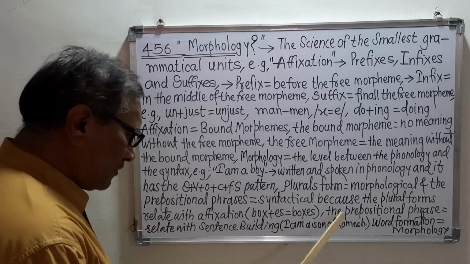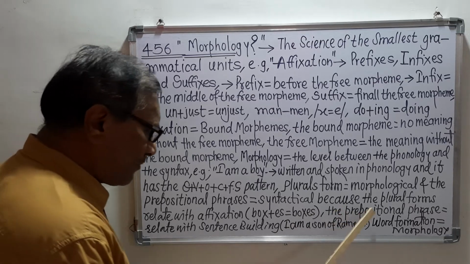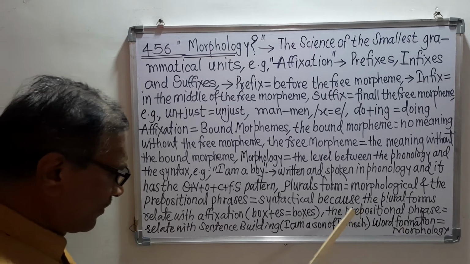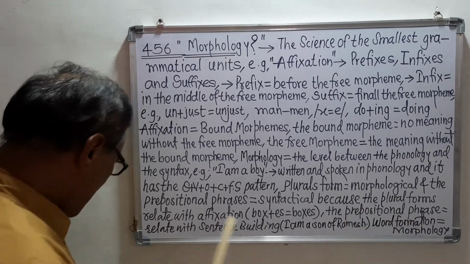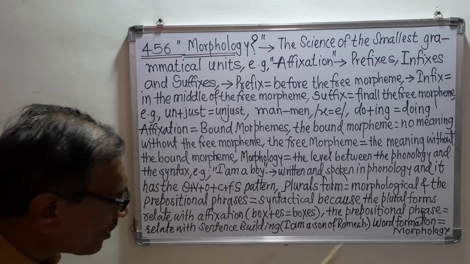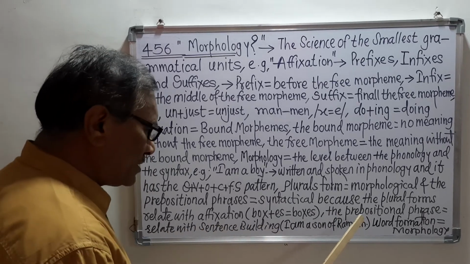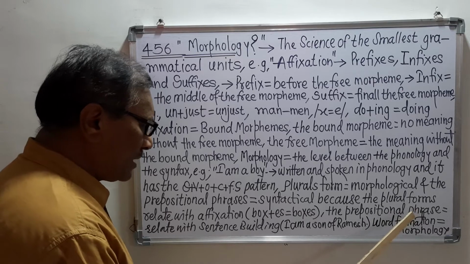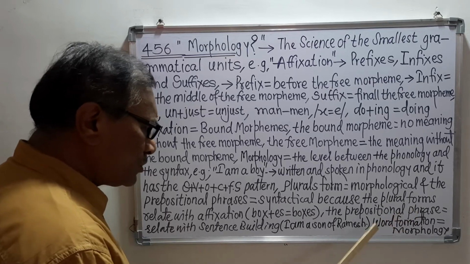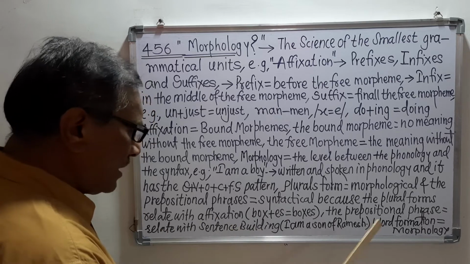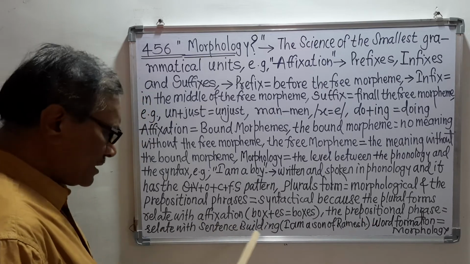So here we will see the prepositional phrases. Remember, the prepositional phrase relates with sentence building. Means when we take the prepositional phrase, this prepositional phrase makes the particular sentence, and that's why it is related with sentence building.